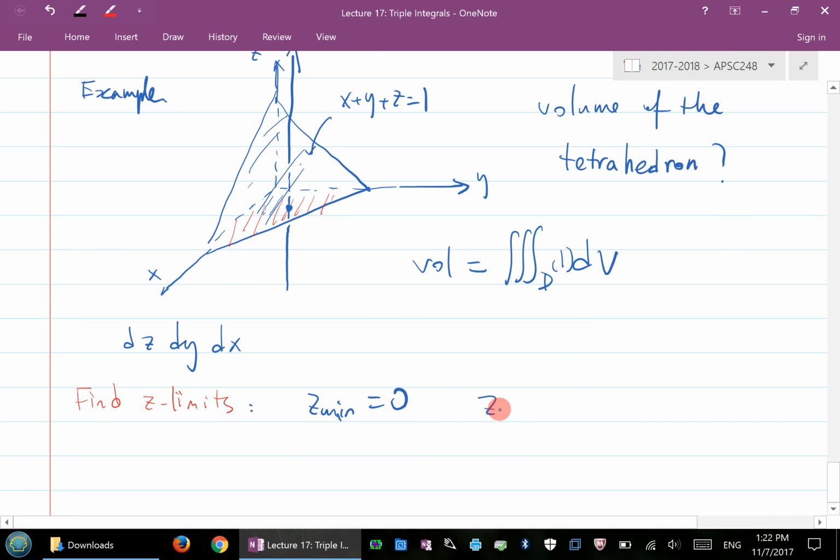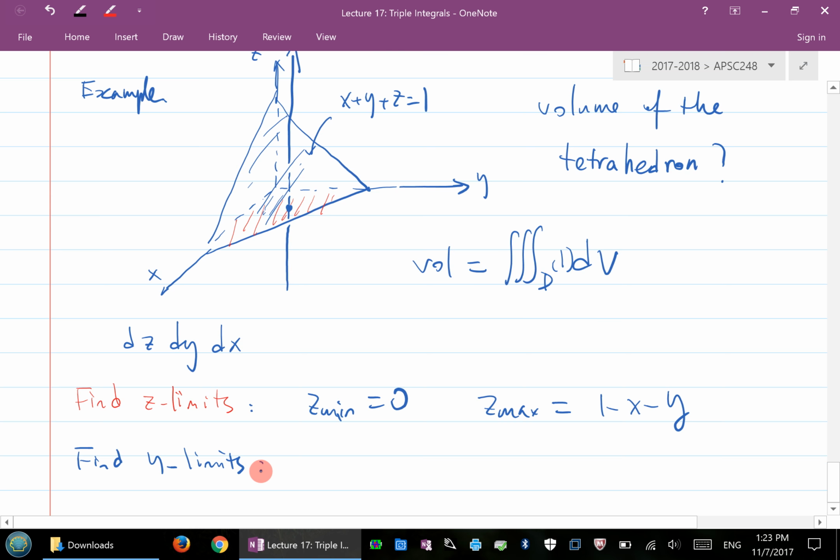So the z max is what? That's right, 1 minus x minus y. Okay, good. And then we're trying to find the y limits. Finding the xy limits or the yx limits is basically the same procedure as when you're doing a double integral.